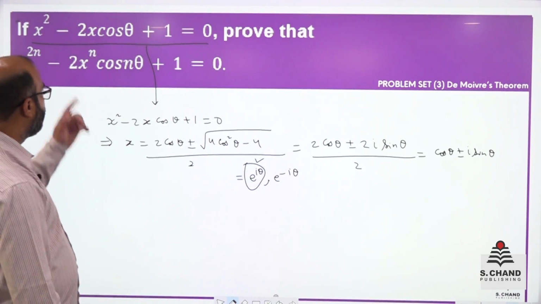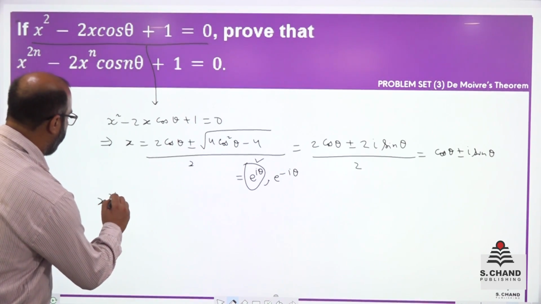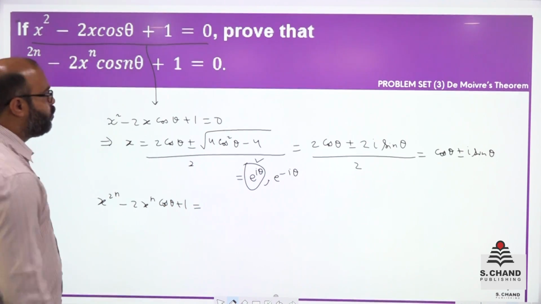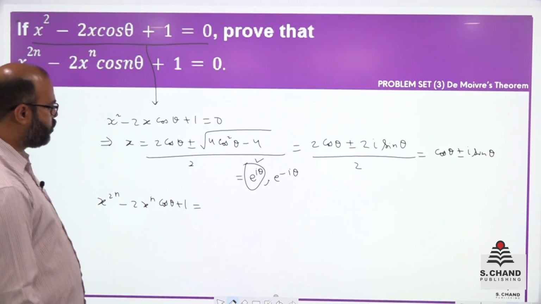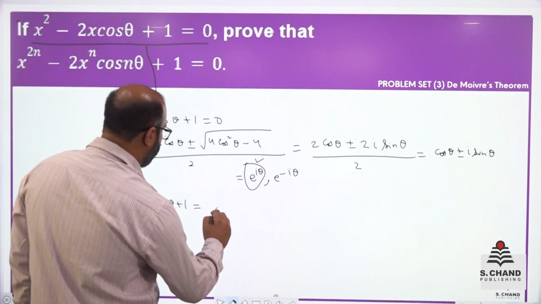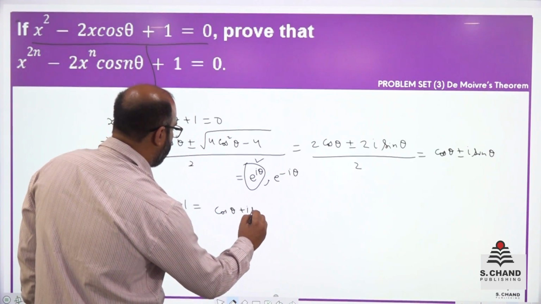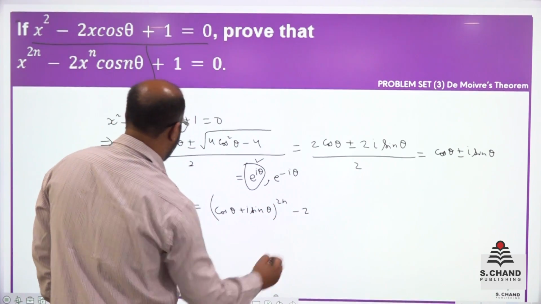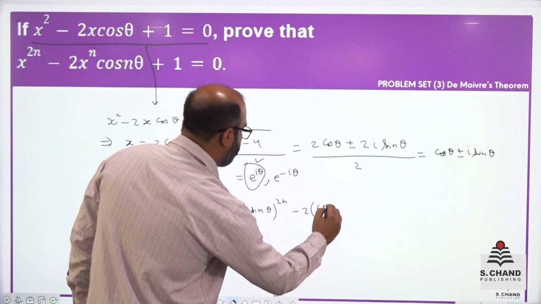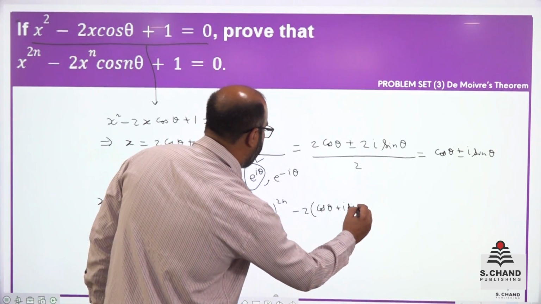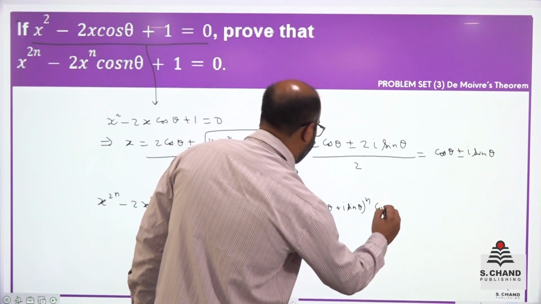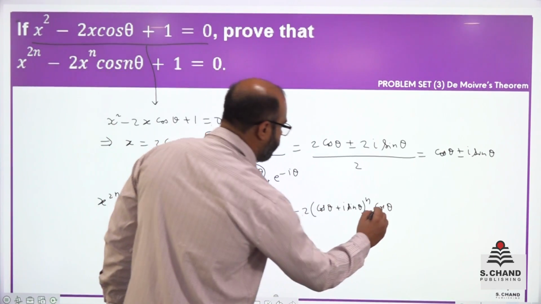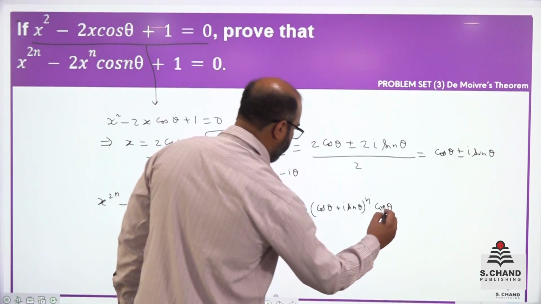theta also. Now let us come here, x to the power 2n minus 2x to the power n cos n theta plus 1. We have to show that this is equal to 0. So what you will do, x is e to the power i theta, which is cos theta plus i sin theta, to the power 2n, minus 2 times x to the power n, which is cos theta plus i sin theta to the power n, into cos n theta, plus 1.